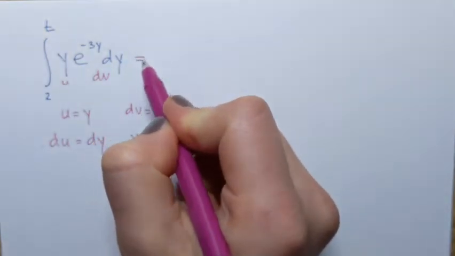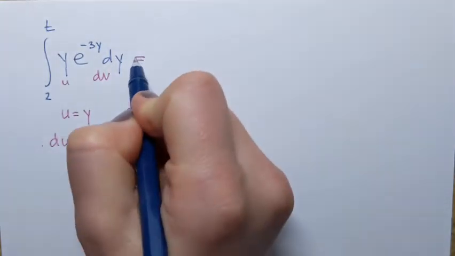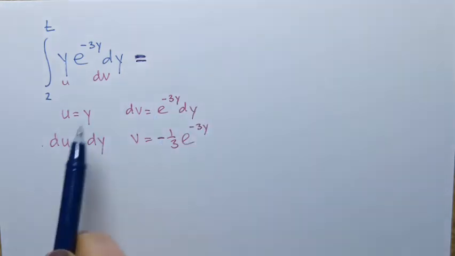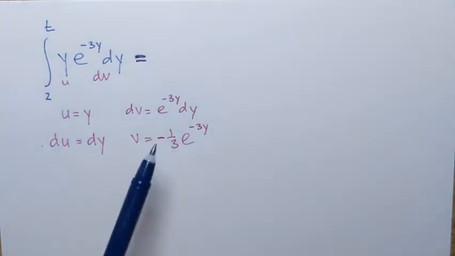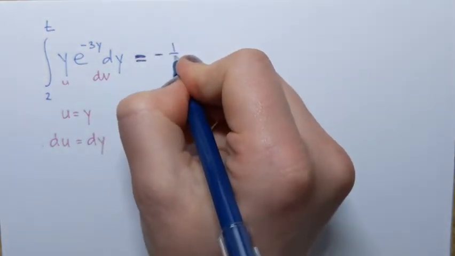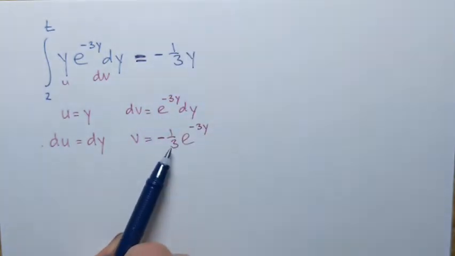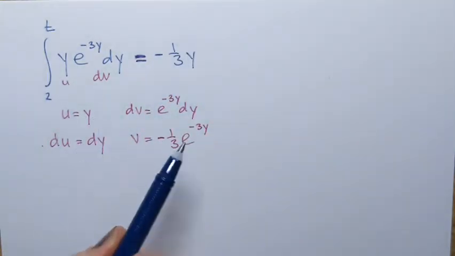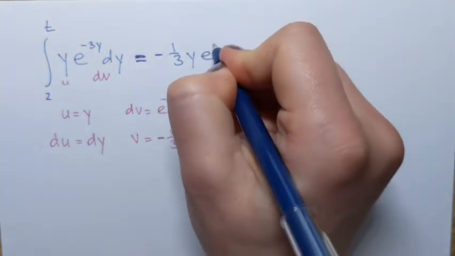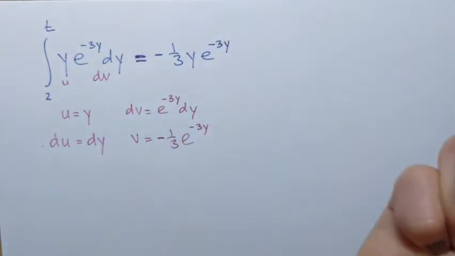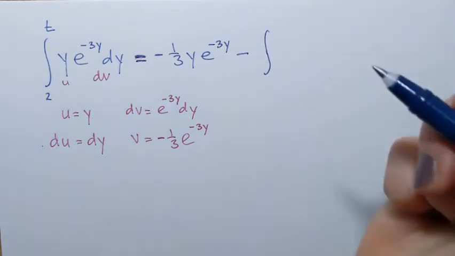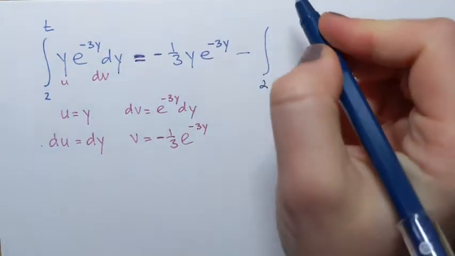Now, according to the formula, I have to place u times v. So u times v, as I multiply them, I'll get negative 1/3 y. I'm just putting the coefficient in the front. Negative 1/3 y e to the power negative 3y minus the integral from 0 to t.